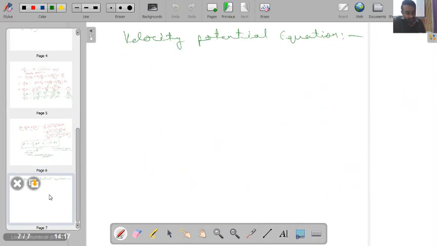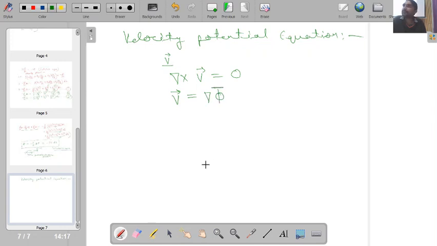So when we talk about the velocity potential equation, we first take the help of vector calculus. As per vector calculus, if I have any vector v, and the curl of v is equal to 0, then I can say that v will be equal to the gradient of some scalar.